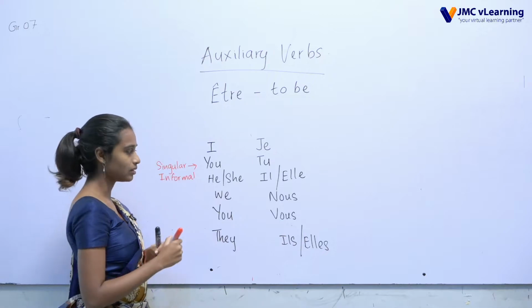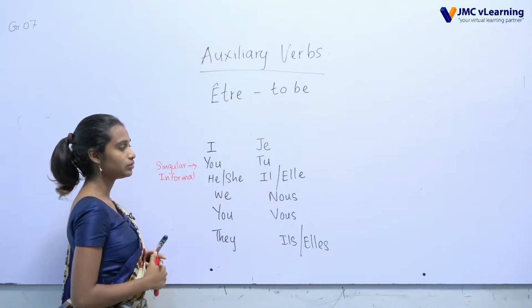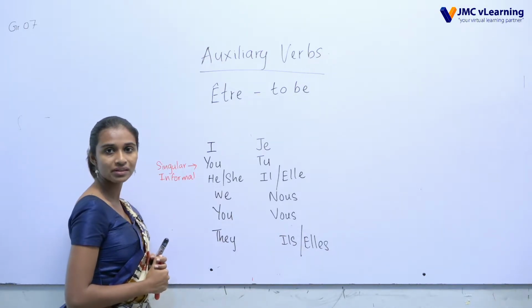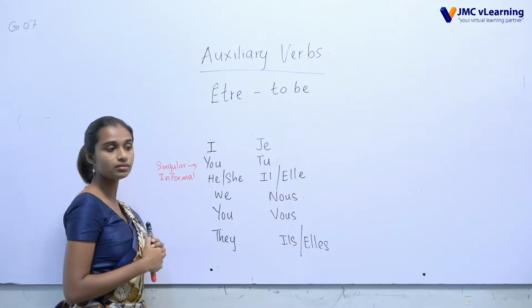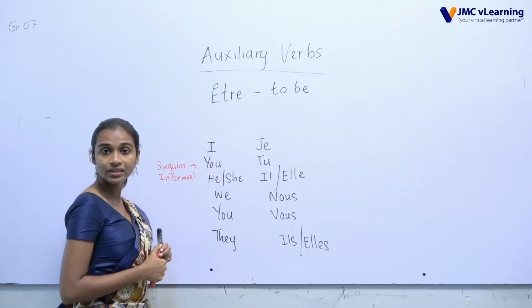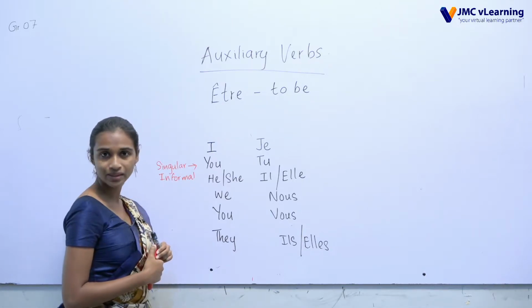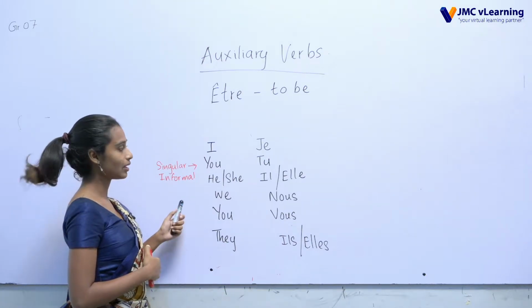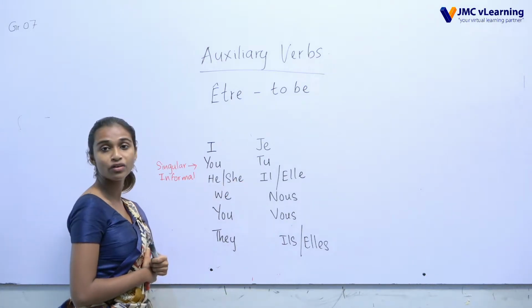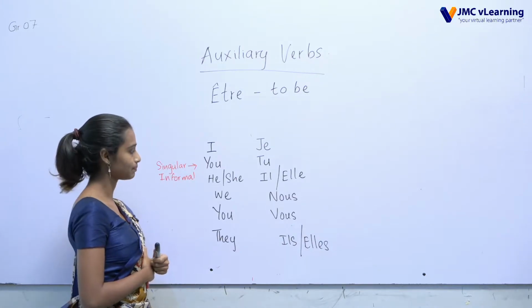Informal speech means when you are speaking to people you really don't have to show formal respect to, like people younger than you or maybe your friends. Therefore, you use tu when you want to say you for that person.